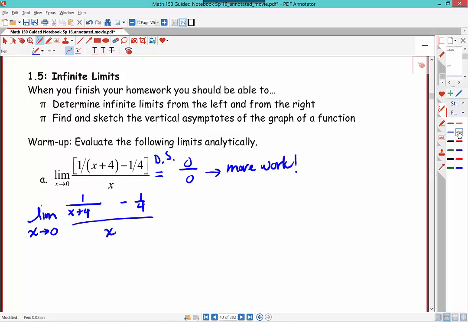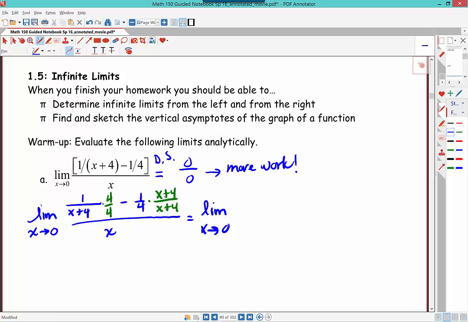Okay, so if we get a common denominator, we need to multiply the first guy by 4 over 4 and the second one by x plus 4 over x plus 4. And simplifying and keeping our limit notation on. Remember, you can only take it off when?